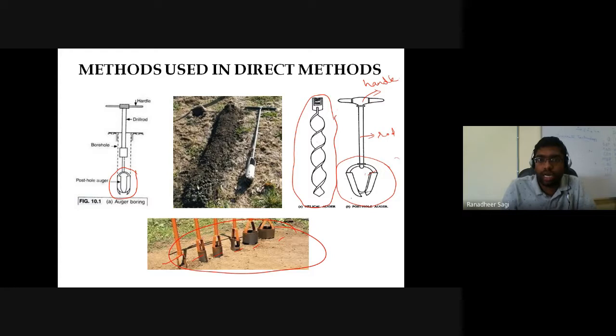You can take the complete helical auger device out from the ground and remove the soil, and once again start penetrating inside and shearing the soil inside the borehole region.